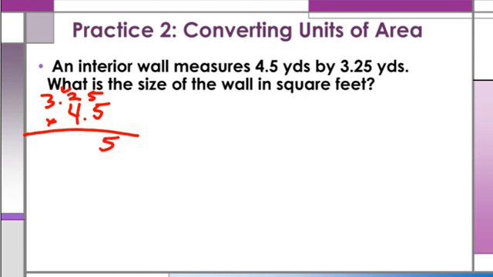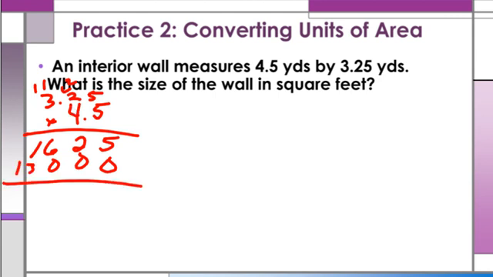5 times 5 is 25. 5 times 2 is 10, plus 2 is 12. 5 times 3 is 15, plus 1 is 16. Zero down. 4 times 5 is 20. Carry the 2. 4 times 2 is 8, plus 2 is 10. 4 times 3 is 12, plus 1 is 13.